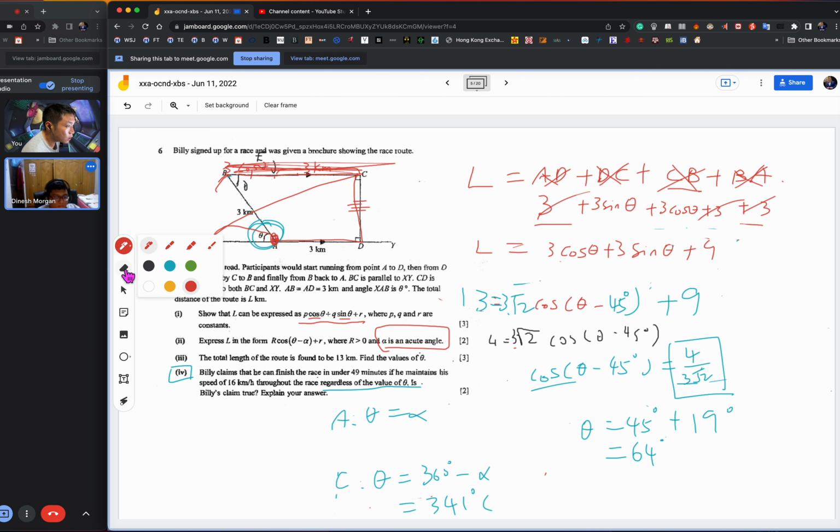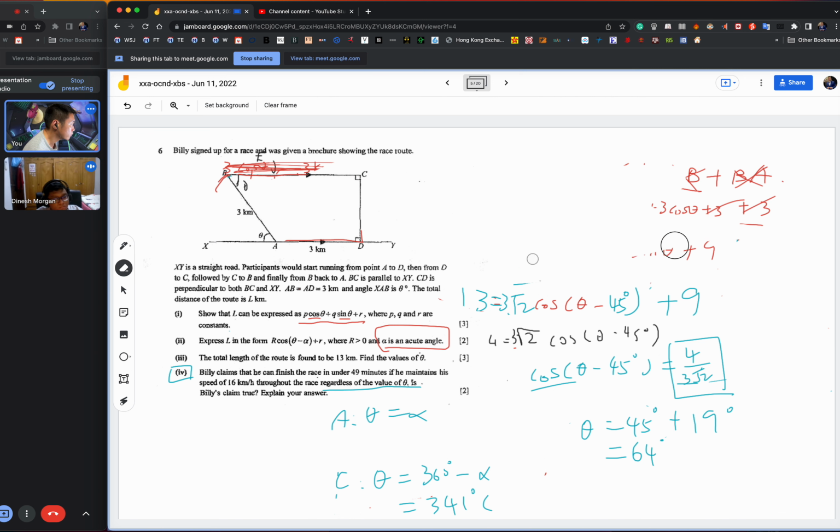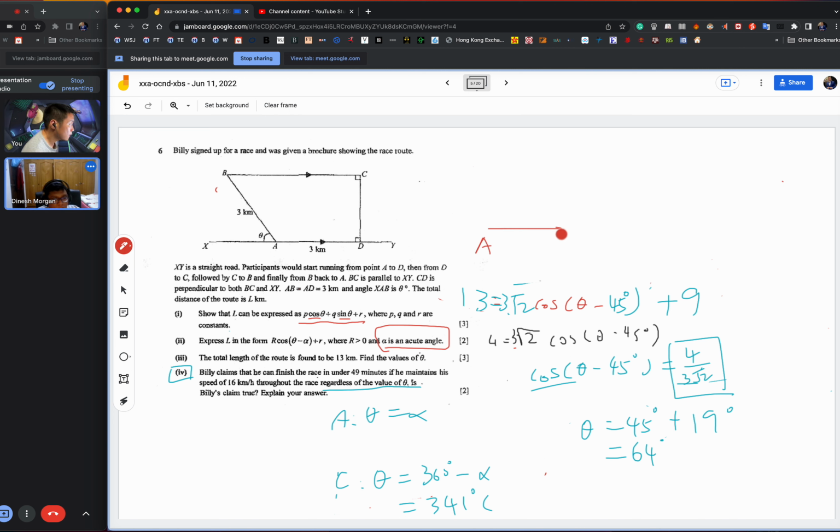Basically, they don't care about that. Let me just get rid of this. So you test the limit, both limits. A to D, then D to C, then this to B, and then this will give you a theta.